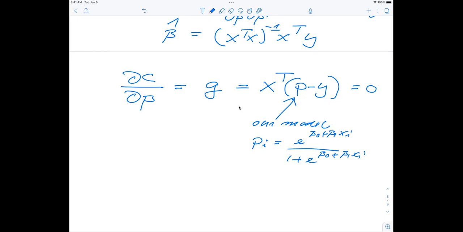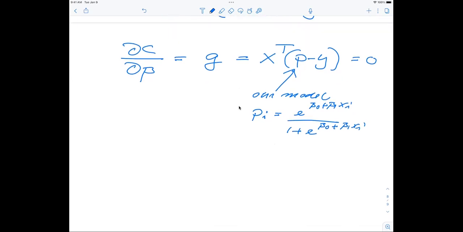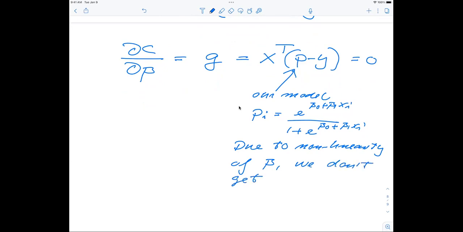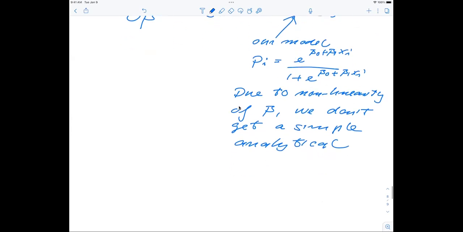And in this specific case, due to the nonlinearity, since we have an exponential dependence on beta, we don't get a simple analytical expression for beta. So we have a nonlinear model in the unknown parameters beta.